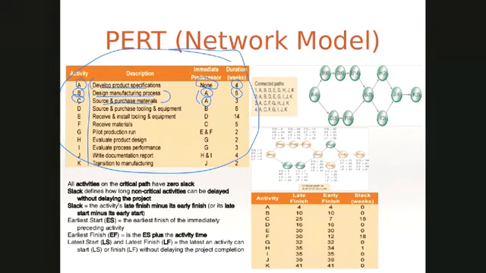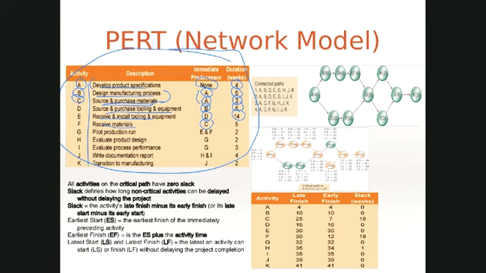This requires 3 weeks. Then you source and purchase tooling and equipment. For that, you need to design your manufacturing process first, and the duration is 6 weeks. Then you receive and install tooling and equipment, which requires D, which is source and purchase tooling and equipment, and takes 14 weeks.